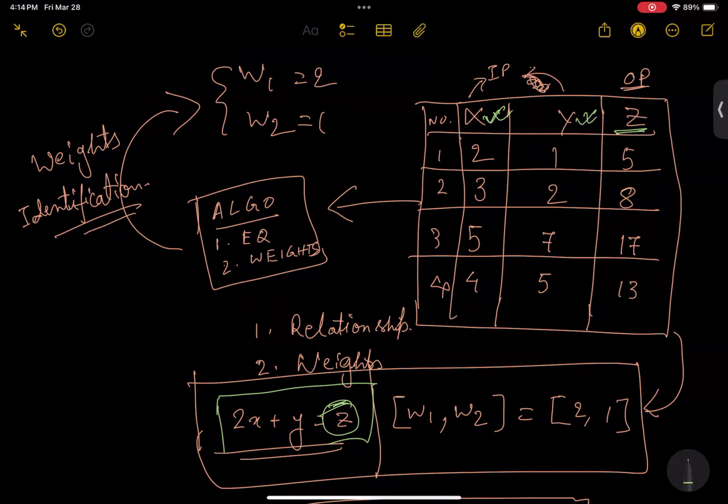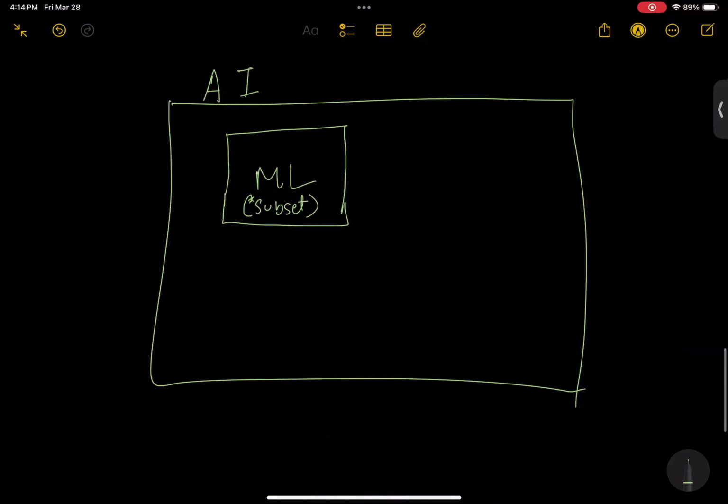No, it is a mixture of the relationship and the weights. In an ML system, we are not only getting the relationship but also the weights. So pattern means identification of the relationship and identification of the weights, and how they can be related together in order to generate an accurate prediction.